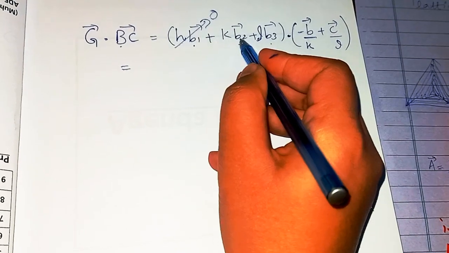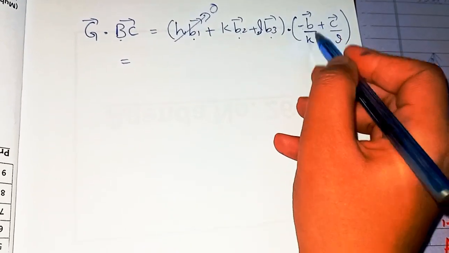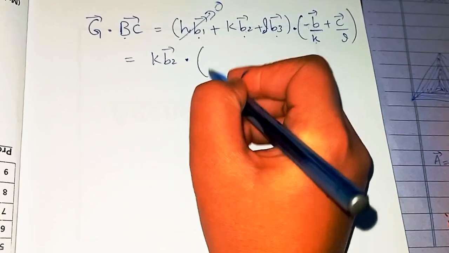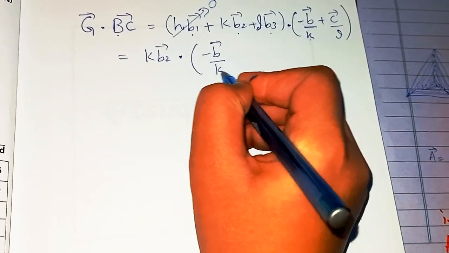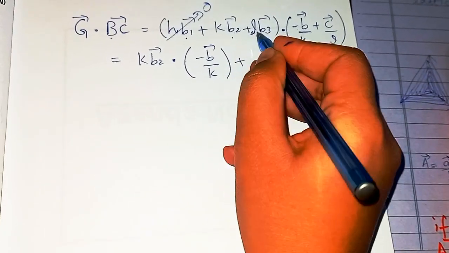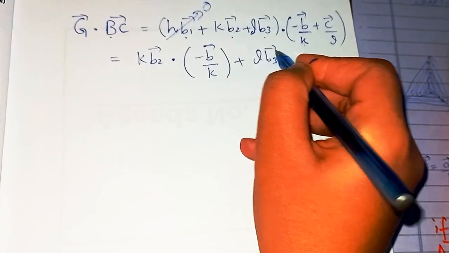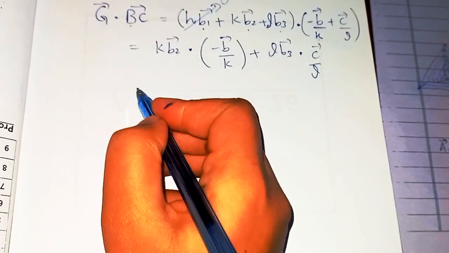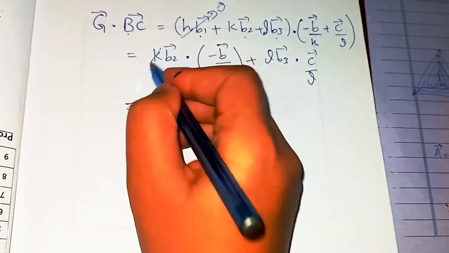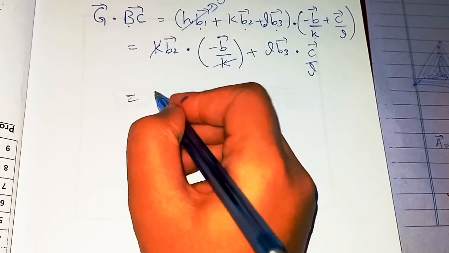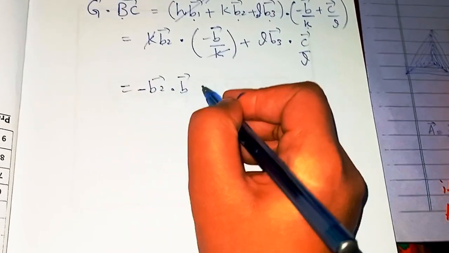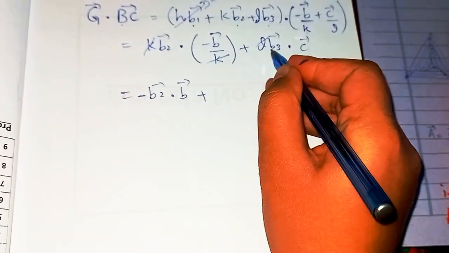And we have k b2 multiplied by minus b by k through dot product. So k b2 vector dot minus b vector by k. Then plus l b3 dot c by l. Alright, so here k and k cancel out since they are scalars, and we get b2 dot b, and the negative sign here plus l cancels out, so b3 dot c.